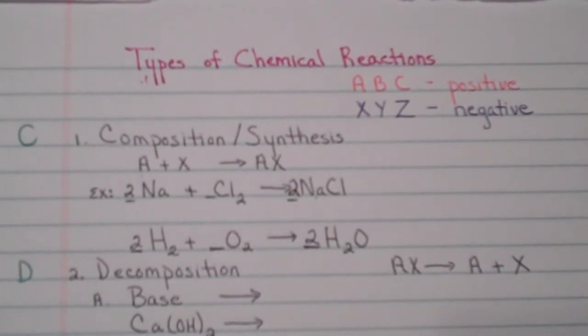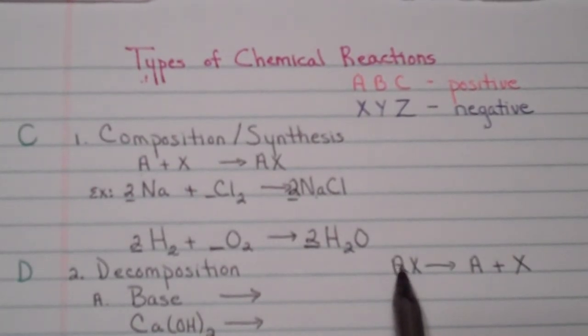Let's look at decomposition reactions, a second type of reaction. And decomposition reactions are of the format a large particle with a positive and a negative component will break up into smaller particles.